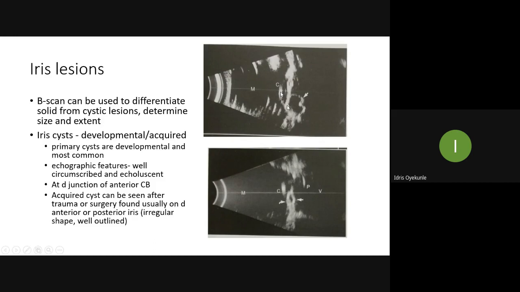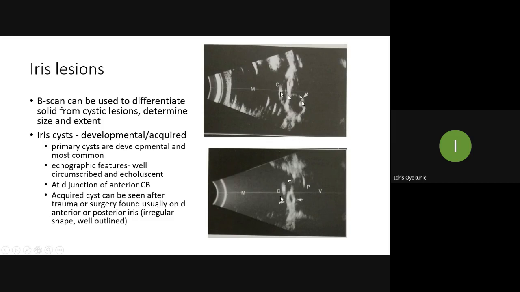So on the iris, there's this lesion here that is at the junction of the ciliary body. This is an iris cyst here, and we can see there's an echo-free center. This is what an iris cyst looks like. This is also another image of an iris cyst.